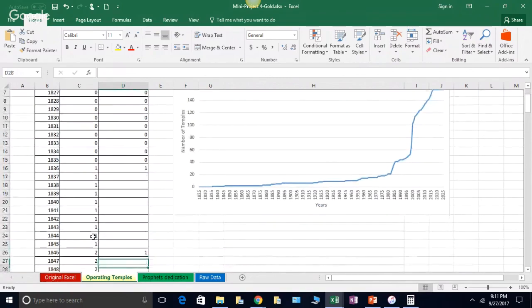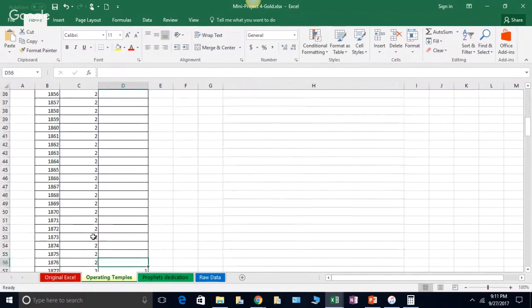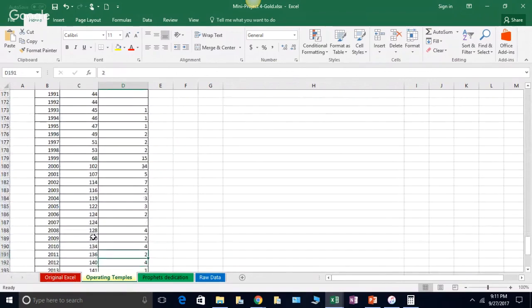So this column was inserted above what was already there, so that you can see what years the temples were dedicated. As you can see, some of them, like 1999 and 2000, were the big years for the church to receive temples. And with the formula, I would always take this plus this, and I didn't keep on doing it, I did a copy and paste.